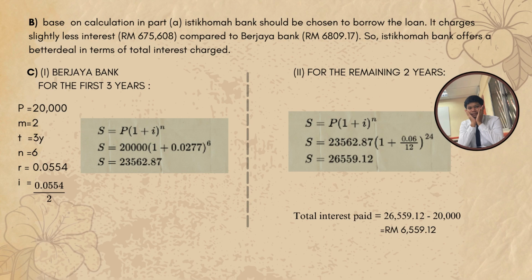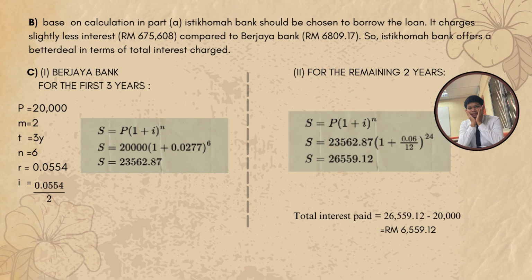Question C is after 3 years, the bank changes the rate to 6% compounded monthly. How much should you pay at the end of 5 years? Calculate the total interest paid. So we must find the first 3 years. So take out the information.